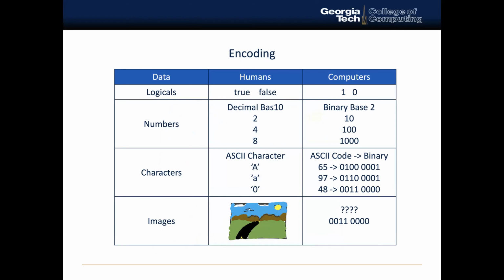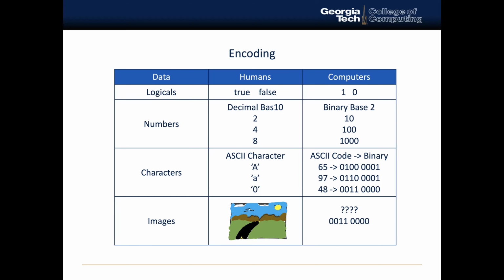And so we've thus far worked with logicals, where we recognize that a value will either be true or false, and that in turn is represented by computers as a 1 for true and a 0 for false. We've also worked with other numbers, and we have different base systems, whether it's base 10 or base 2, 4, and 8, and how those are represented on computers for binary base 2 or tens and hundreds and thousands for different bits.